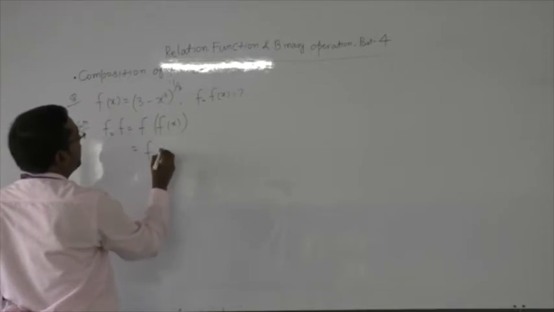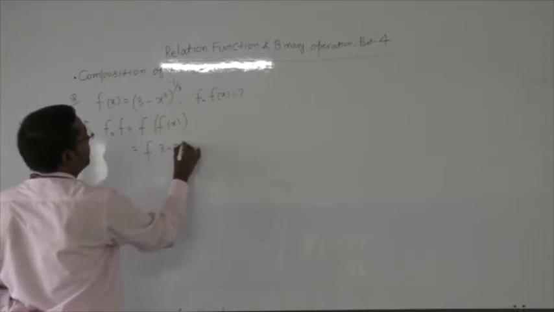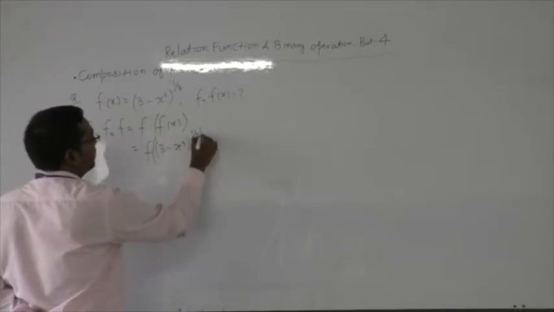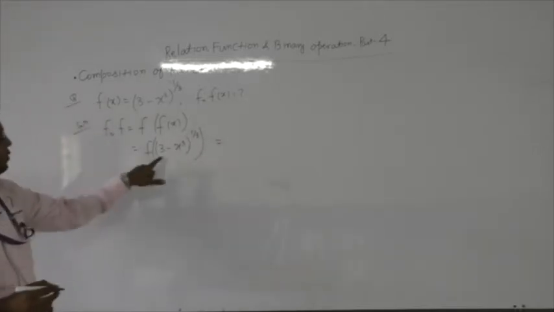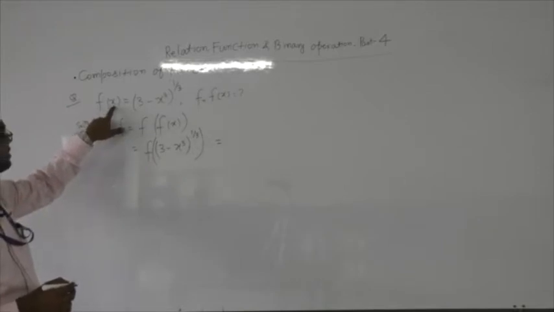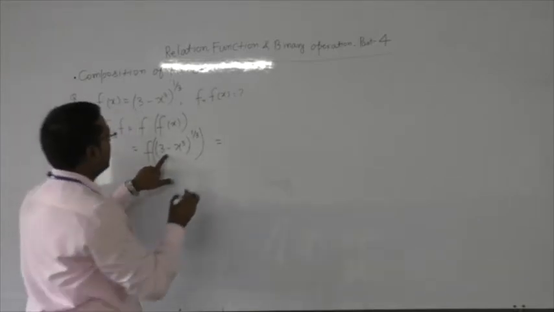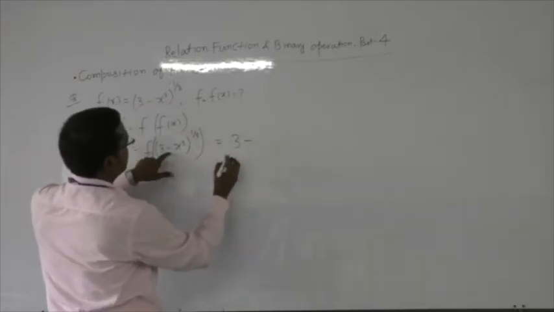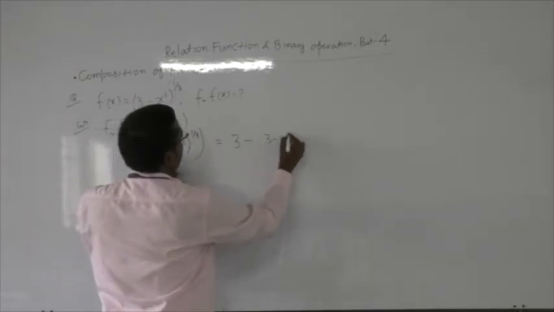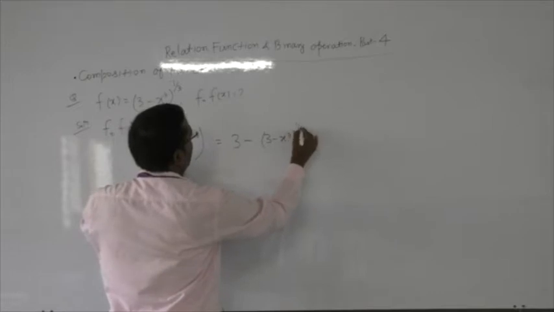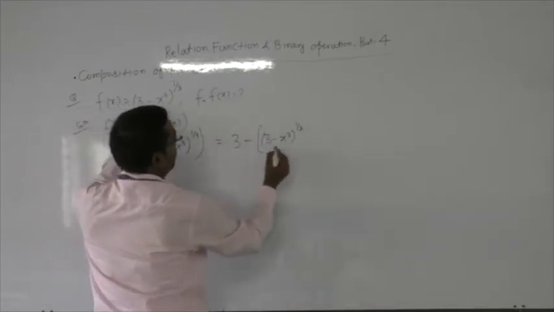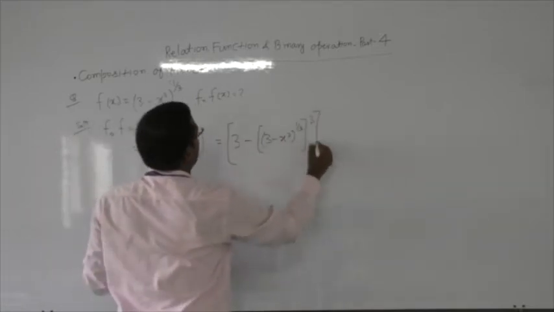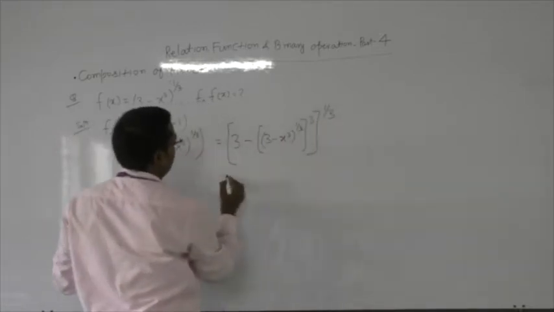So what we will get, f of (3 minus x cube) to the power 1 by 3. Now f of this whole quantity, so here replace x by this quantity. What we will get, 3 minus, replace x by this, ((3 minus x cube) to the power 1 by 3) whole cube, whole to the power 1 by 3.